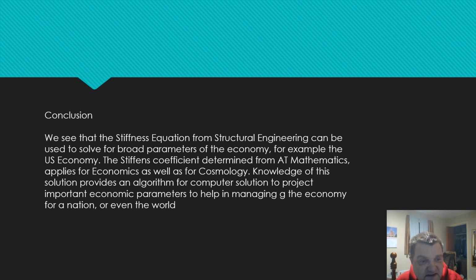Knowledge of this solution provides an algorithm for computer solution to project important economic parameters to help manage the economy for a nation or even the world. So the basic message is that structural mechanics can be used in economics, and there's things we can get from structural engineering that can help predict economic variables.